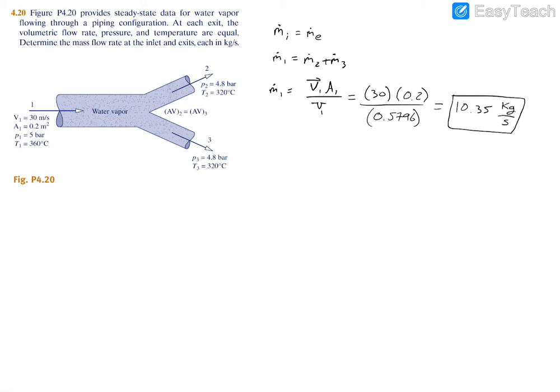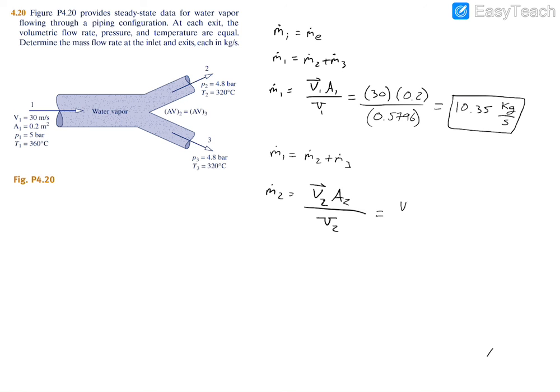Now we can just use algebra to find the mass flow rate at the exits. So remember that m dot 1 is equal to m dot 2 plus m dot 3. And m dot 2 is going to be equal to the velocity at 2 times the area at 2 divided by the specific volume at 2, which we're told this numerator is going to be equal at 2 and 3.